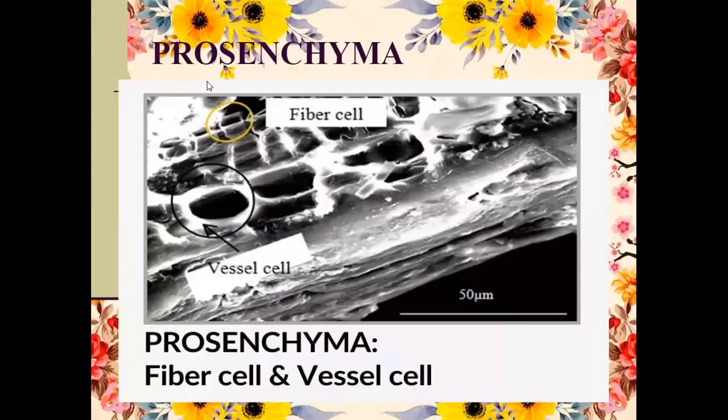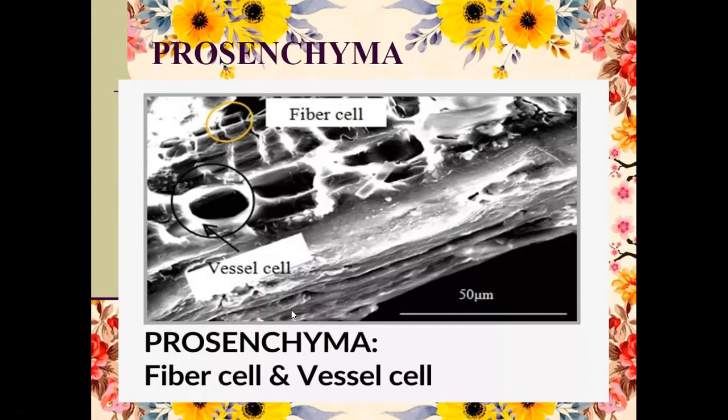The next type of parenchyma is prosenchyma. It is rarely present in the plant parts. These also belong to parenchyma cells. Initially, I explained that parenchyma cells are composed of cytoplasm, a large vacuole, a nucleus, and cell organelles.